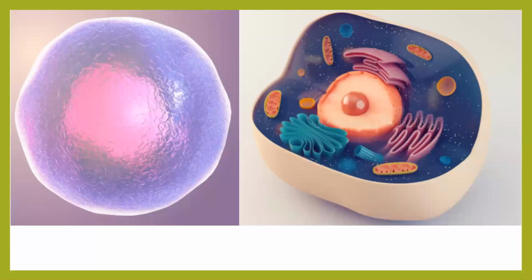If it's a plant cell, it will have a cell wall as an external membrane. If it's an animal cell, it will look like the image which you're able to see on the screen. An external covering will be present, which is made up of plasma membrane. When I cut open the cell, we will start imagining various different cell organelles, which will have cytoplasm, endoplasmic reticulum, Golgi, mitochondria, vacuole, lysosome, nucleus. Correct?